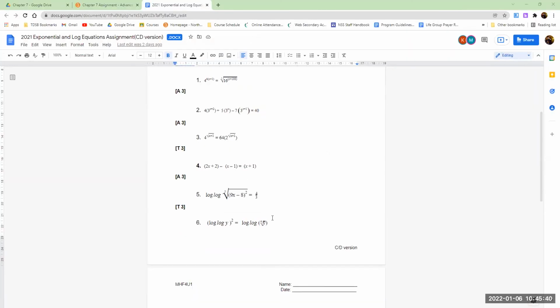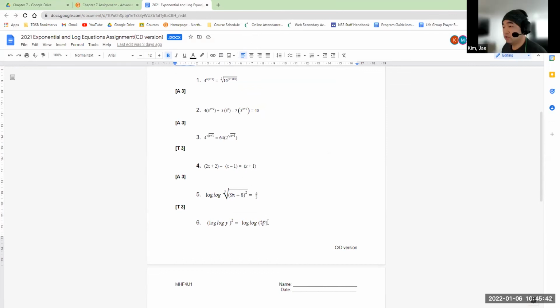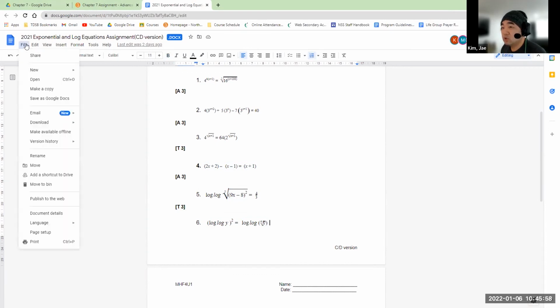The reason why it looks a little different is because in Google Docs, the formatting is messed up compared to Microsoft Word. So hopefully you will have some kind of program that opens up docx files correctly. What you can do is go to File and download as a Word document. That will fix all the logs.